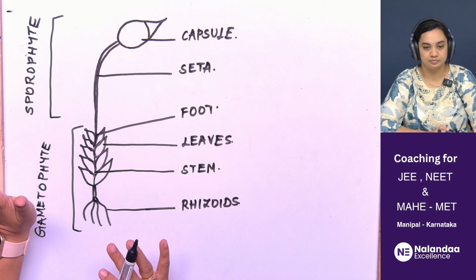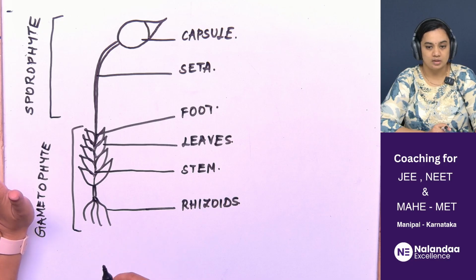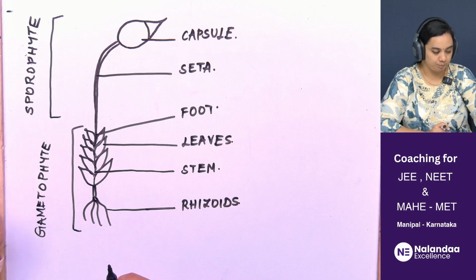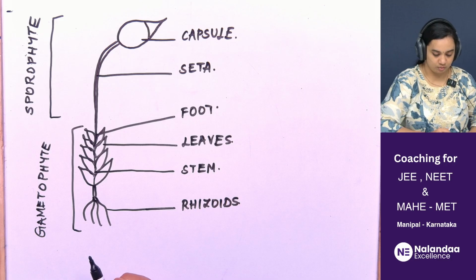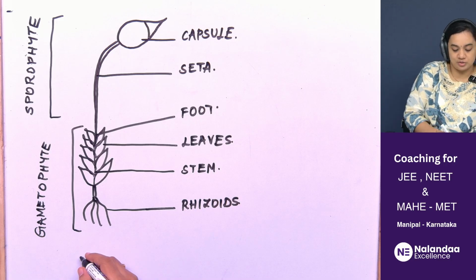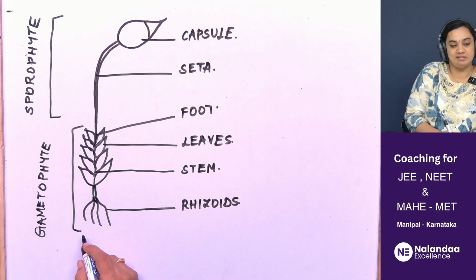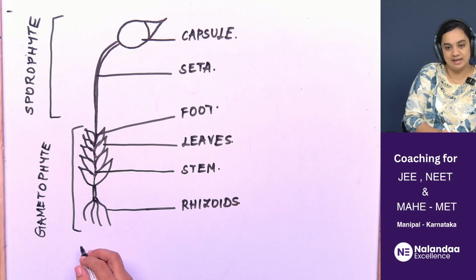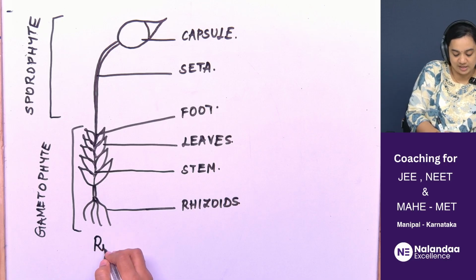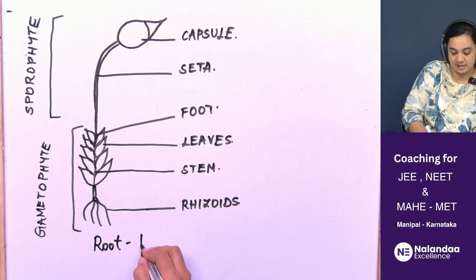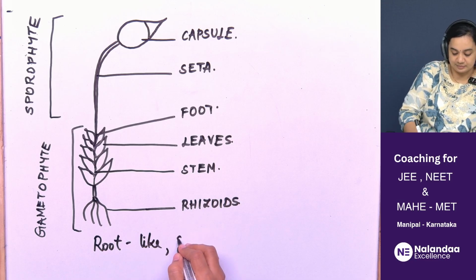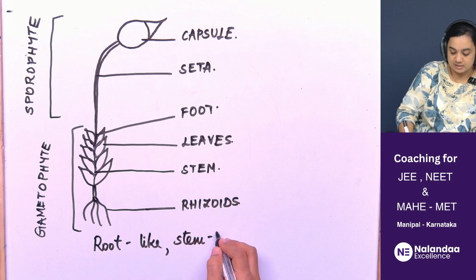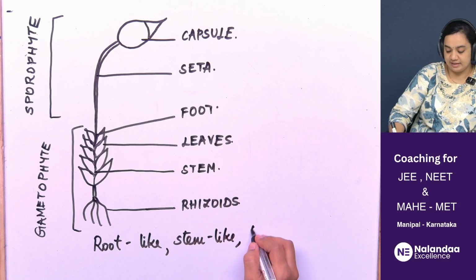Is this clear? Okay, could you just repeat that they are not actual roots, stems and leaves? No, because they do not have xylem and phloem, so we call them root-like, stem-like and leaf-like structures.